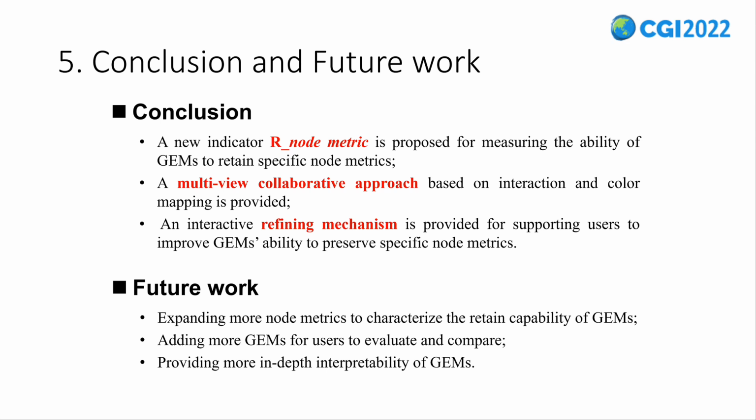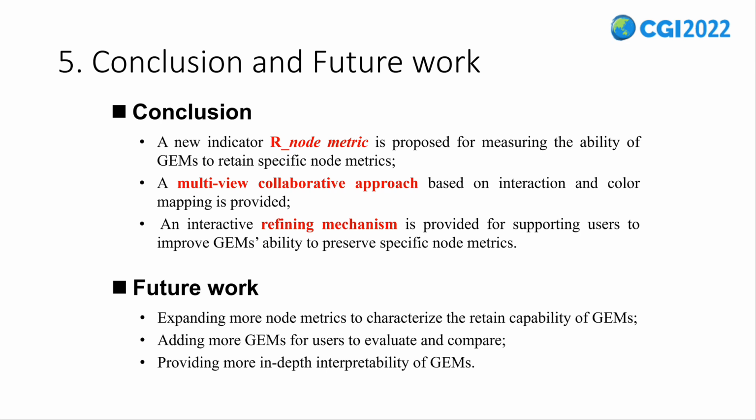A multi-view collaborative approach based on interaction and color mapping is provided to support in-depth observation and analysis of embedding results from the original graph, node metric, embedding result, and R-node metric views. An interactive refining mechanism is provided for supporting users to improve graph embedding models' ability to preserve specific node metrics by adjusting parameters in the 3 components, including graph sampling, neural network, and loss function.